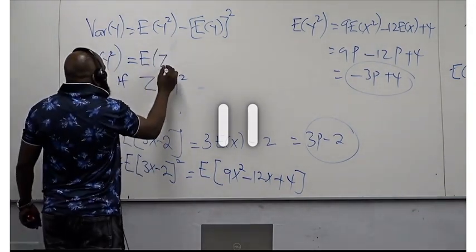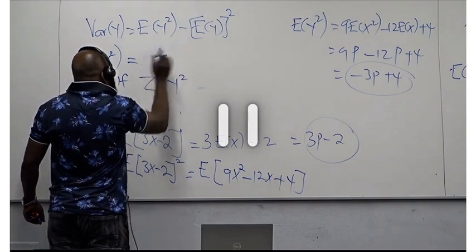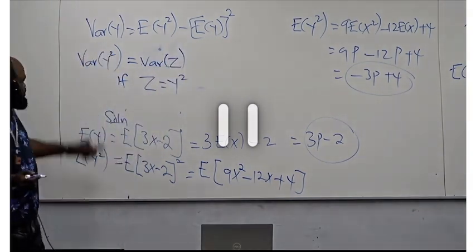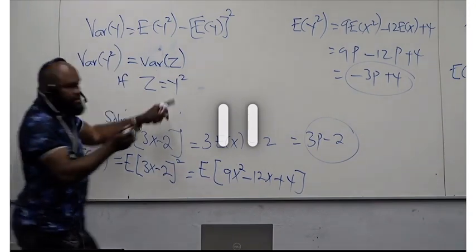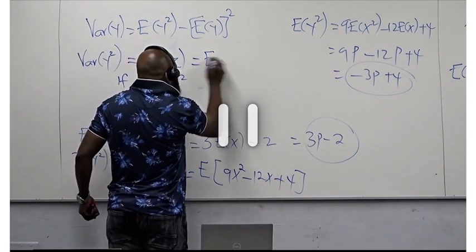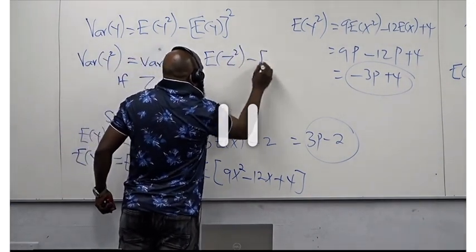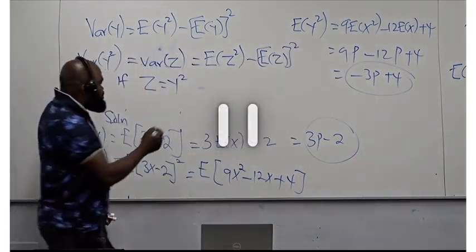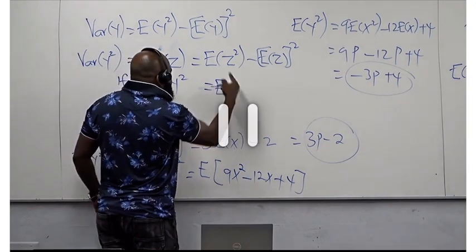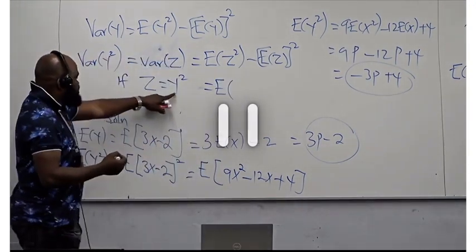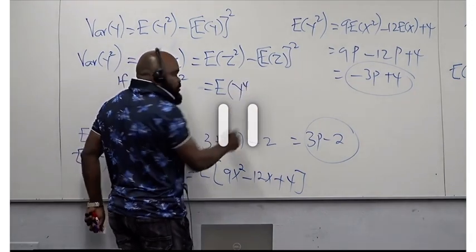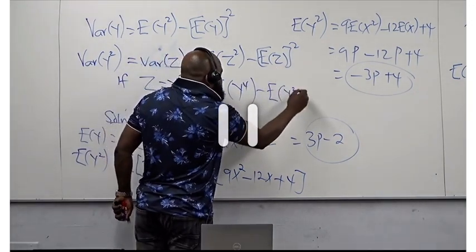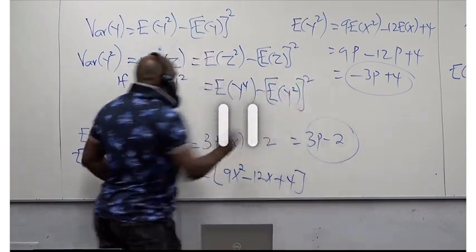This is going to be the variance of z, right? The variance of y squared, if z equals that, is going to be the expectation of z squared minus the expectation of z, all squared, right? So if I want to rewrite that, z squared, don't forget, would be y to the power 4, minus the expectation of y squared, all squared.